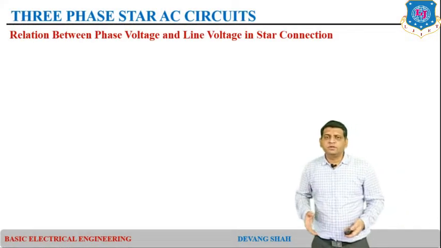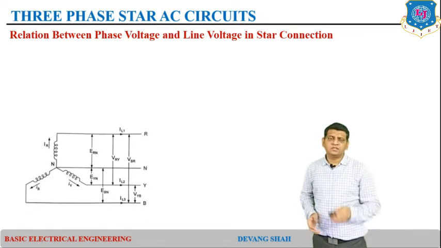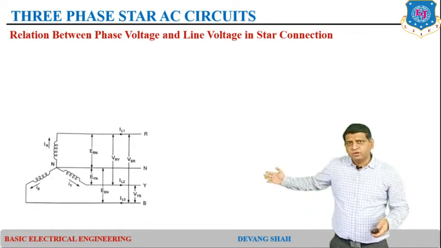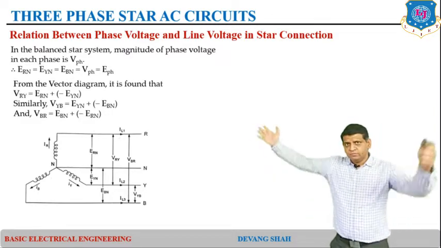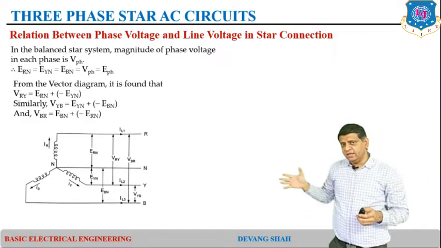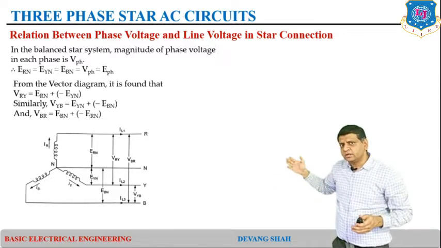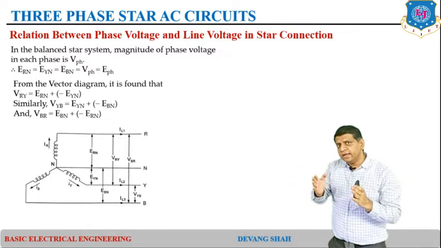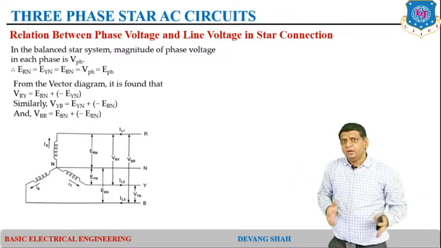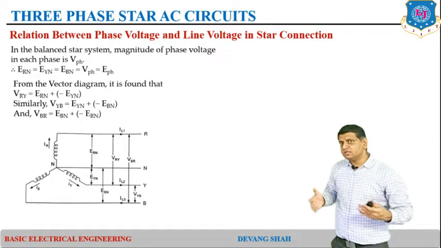Now if we talk about the phase voltage and line voltage, from this particular circuit you can deduce it from this equation, like if we want to find VRY. From this circuit you can say that VRY is equal to ERN plus EYN, right. Now this looks like a summation, but in the real case this is not a summation.